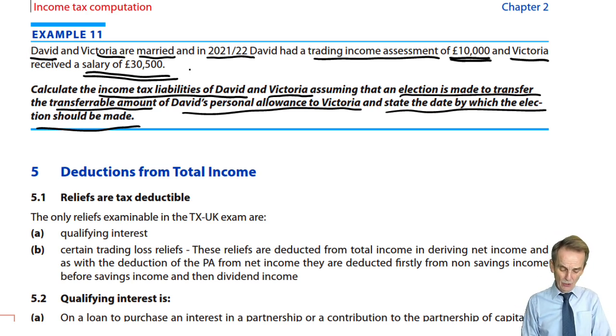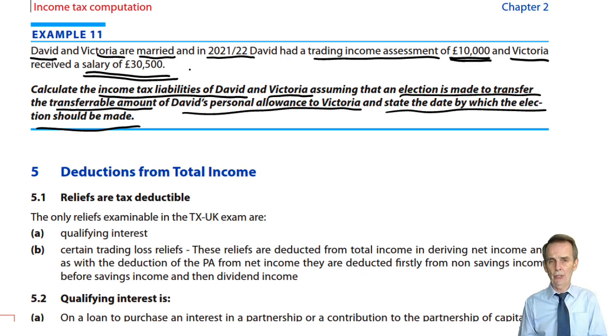But that, of course, at 20% will then be a reduction in Victoria's liability. So what you need to do to calculate those tax liabilities: very clearly David will have no tax liability. He's going to have his trading income assessment of £10,000. His revised computation, of course, will show a reduced personal allowance because the £1,260 is going to be transferred over to Victoria. But it's still got to be nil taxable income there, so no tax for David. Victoria only has a salary of £30,500.